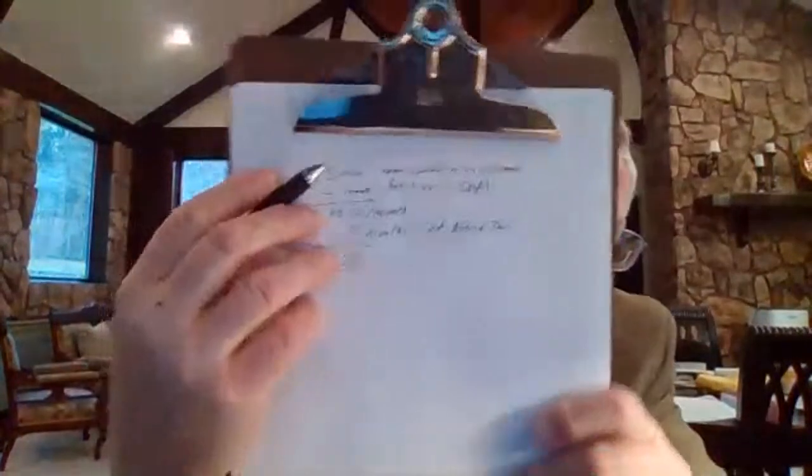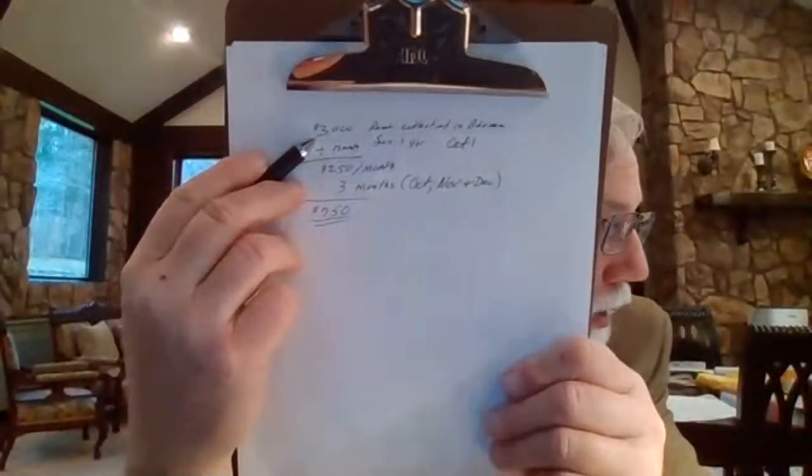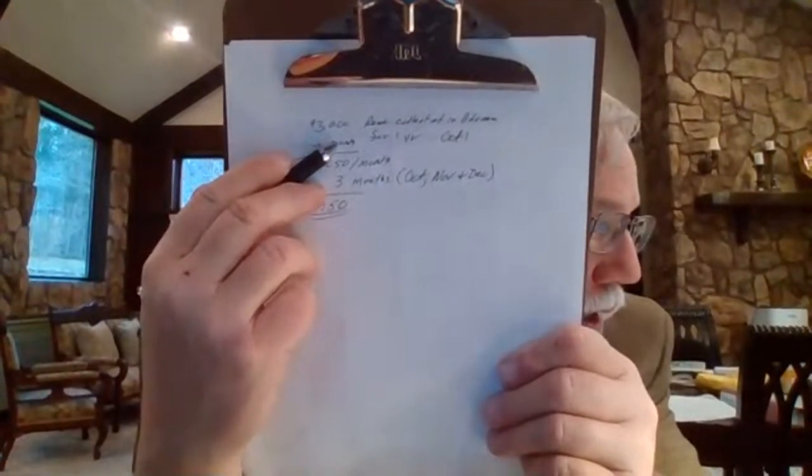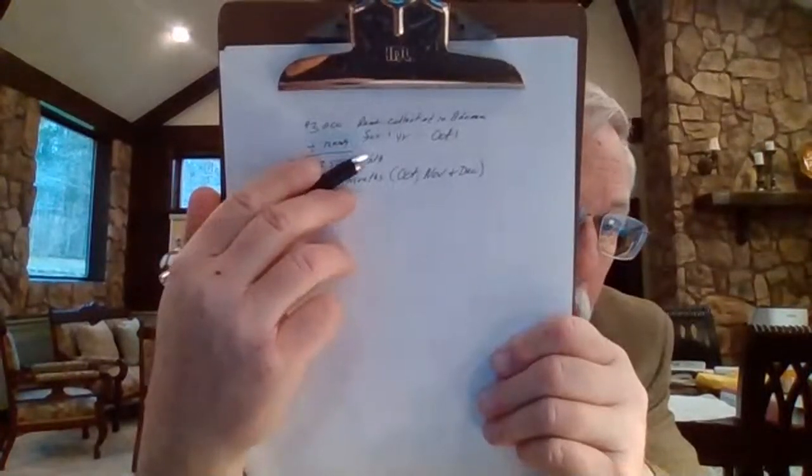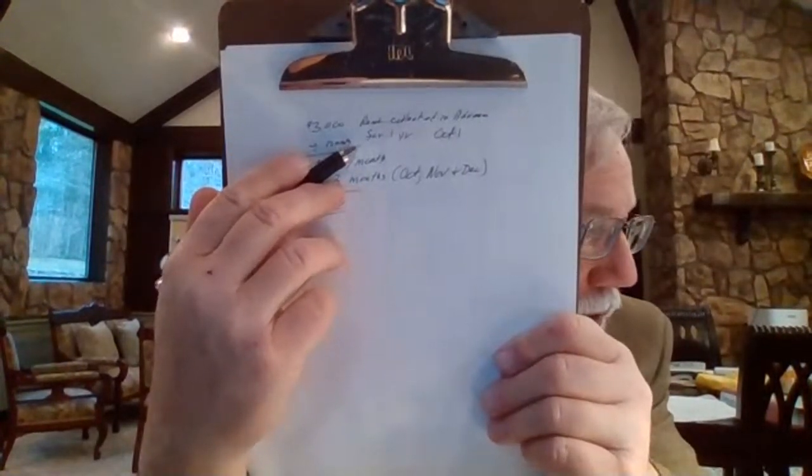Where are we now? December, October, November, December, 3 months. So this is situation A. The information they gave us for A: we received $3,000 for a 1 year lease, October 1 through the following September 30th.